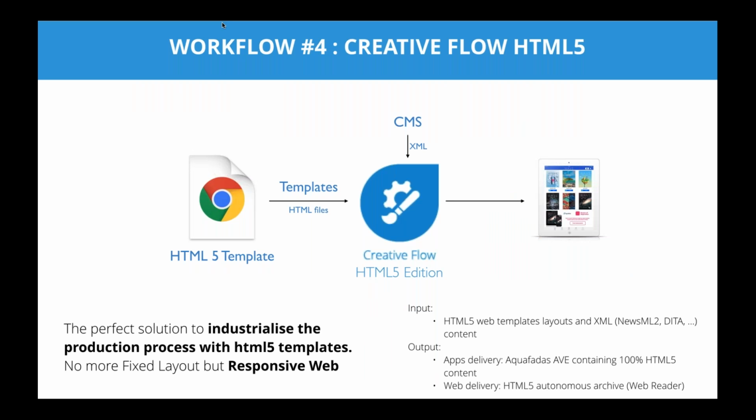And for the web output, we are also now providing a new way to create templates, which is not only InDesign, because you could see that InDesign templates are very rich, very engaging, but you can also use your existing legacy responsive web templates that you did or created for your website, and you can also add them to the Creative Flow engine, again, merging your content, structured content in XML format, with your responsive web layouts.